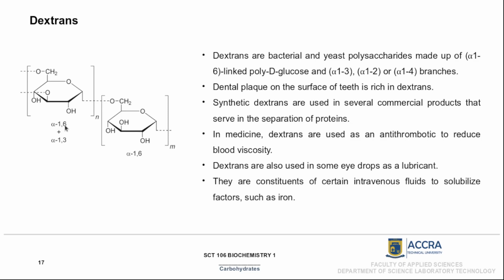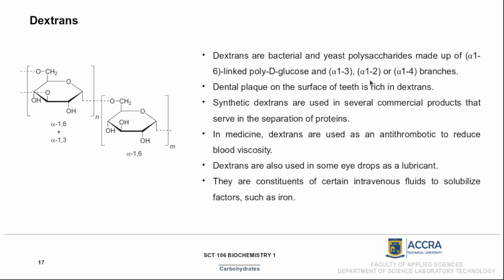You draw the structure of the glucose molecules, and once you know the carbon numbers, as you number the carbons, you try to see how the bond between carbon number 1 and carbon number 3 of another glucose molecule will look like, and how the bond between carbon number 1 of one molecule and carbon number 2 of another glucose molecule will look like.